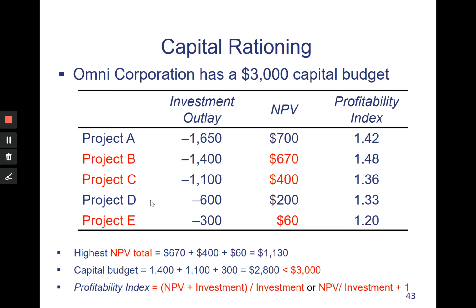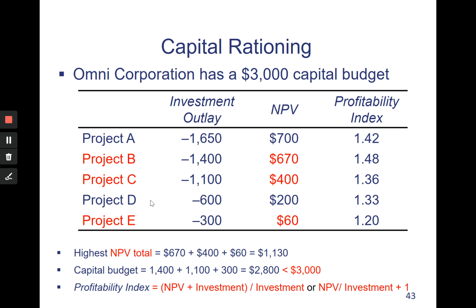and we still have some money left, and we go after next project. Project D requires 600. We don't have enough money for this project, but we do have enough to take project E, which is the next one to consider, and make another $60 of net present value.